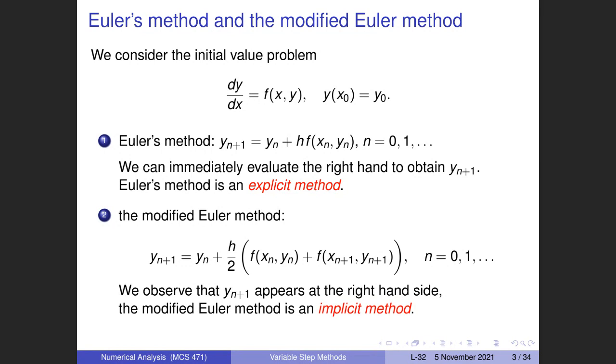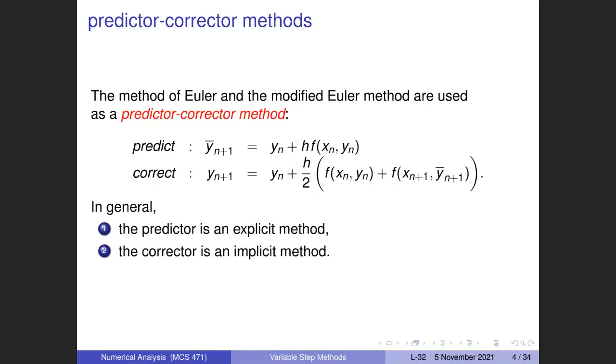So this is another characterization of the methods we started with. In general, we talk about predictor and corrector methods. Euler's method is an explicit method that can be used to predict the value that we need to run a corrector method. In general, the predictor method will always be explicit, whereas the corrector will be implicit.